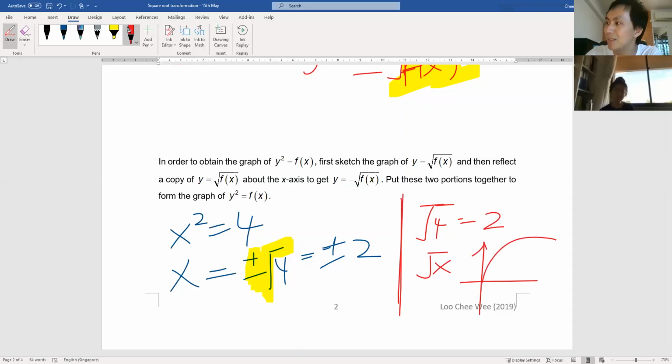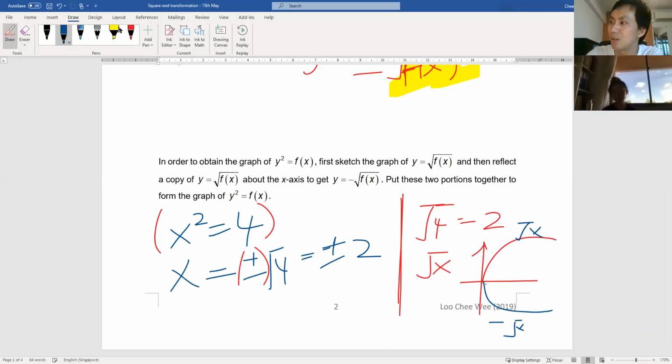This plus minus comes about in an added version, in the sense that when we look at y squared on its own, it's a degree 2 polynomial, and a degree 2 polynomial ought to have 2 roots. So this plus minus came from us adding it in artificially to seek the second root. Hence you have that negative square root x graph like this.